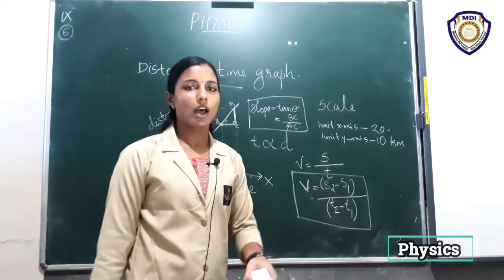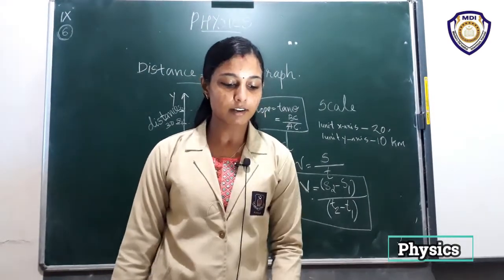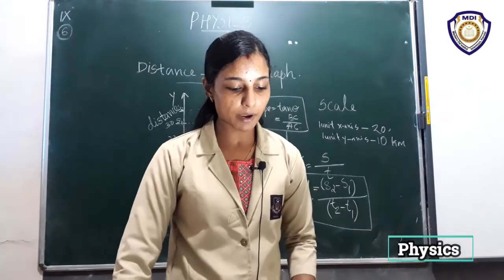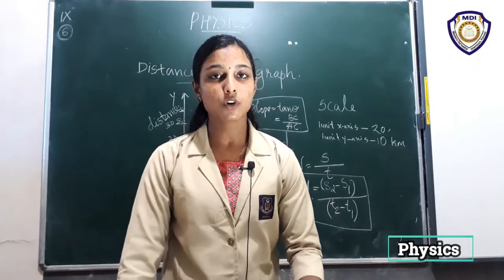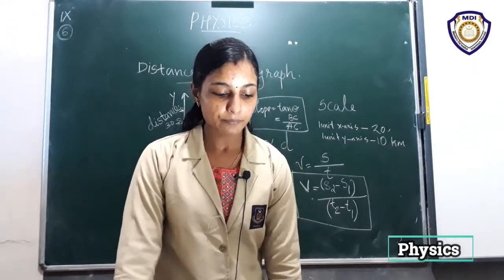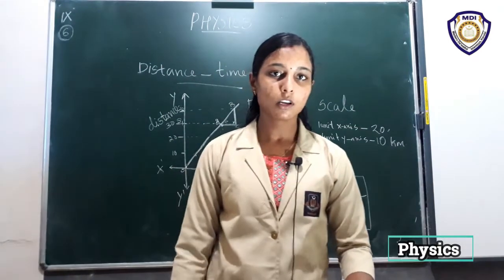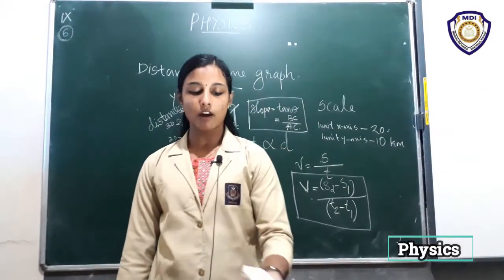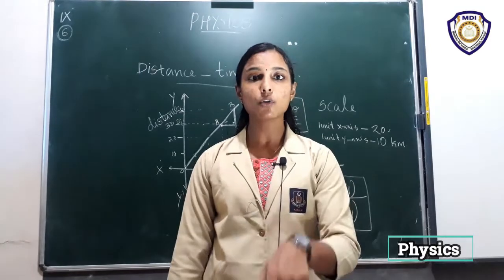And you have another table given in your textbooks, that is the distance traveled by a car at regular intervals of time. We have to draw these in a graph that I will give you later. And here is one more graph given to you, that is a distance time graph of a car moving with a non-uniform speed.